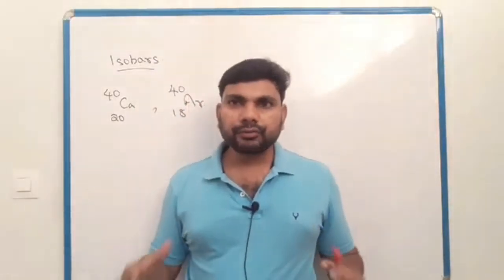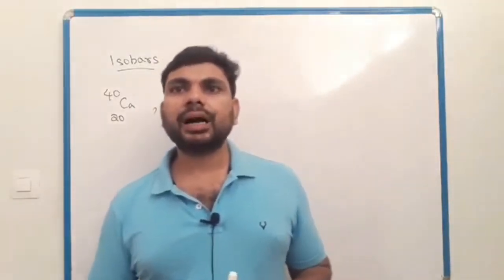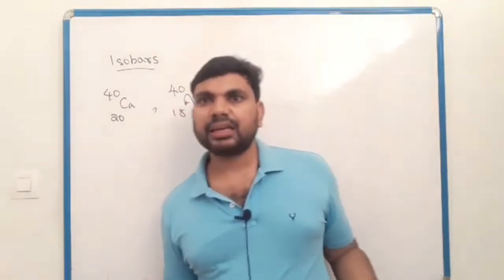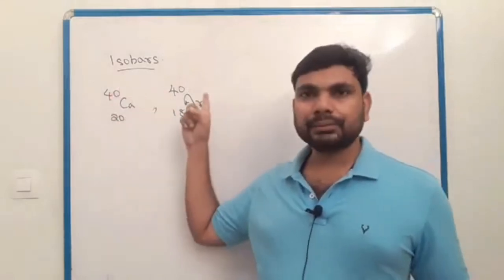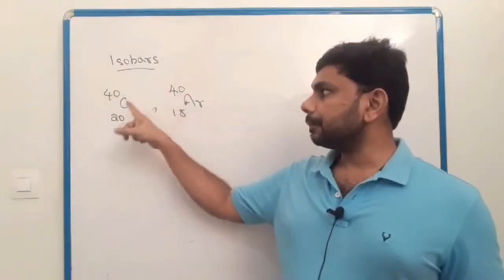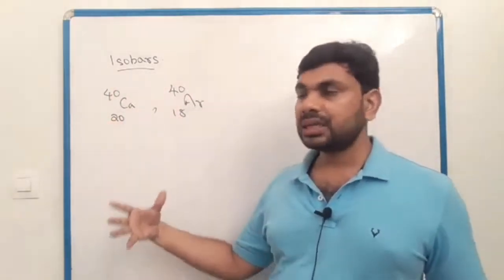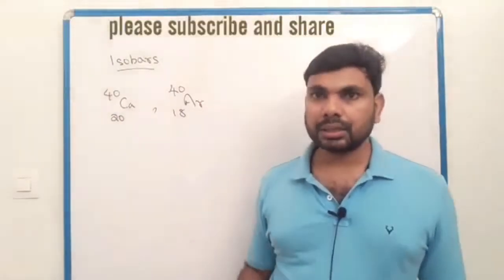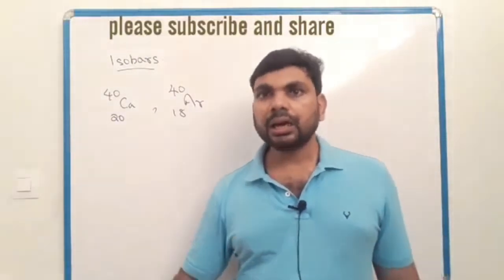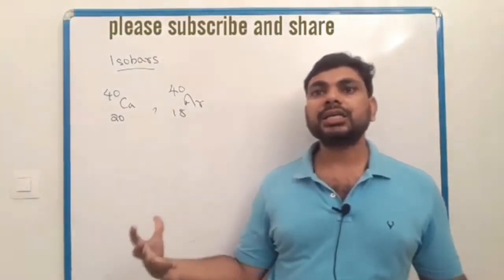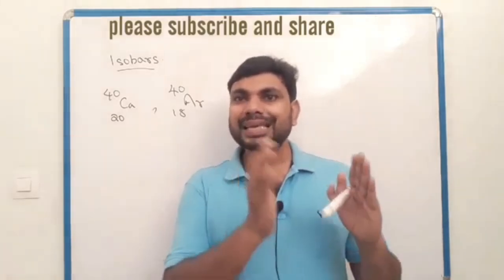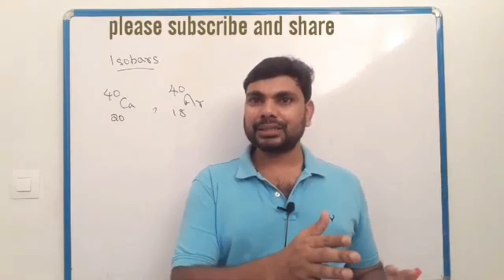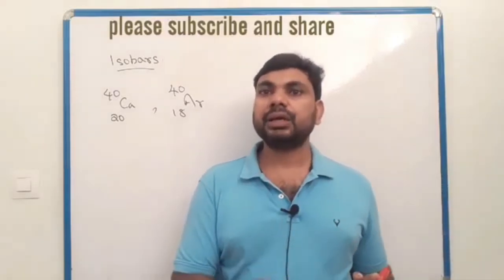Okay, the last point from this chapter is isobar. Isobar means different atoms of different elements that have the same mass number. Mass number will be the same but atomic number different. This type of atoms are called isobars. Isotope we already learnt. You know isotopes have the same atomic number, different mass number, and they are the same element, like chlorine 37 and chlorine 35.